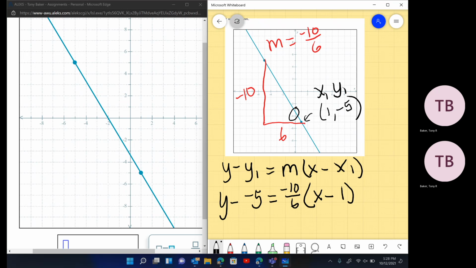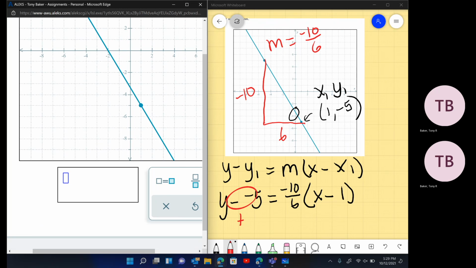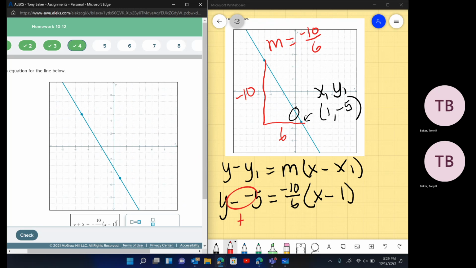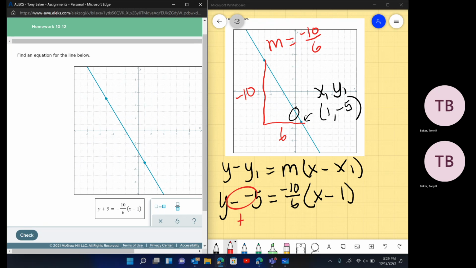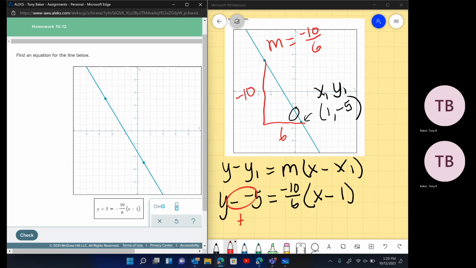The only thing I would change when you plug it in is you cannot put 2 negative signs. So change that to a positive. So now when we type this in, we have y plus 5 equals -10 over 6, x minus 1. This one is finding the equation of a line through 2 points.